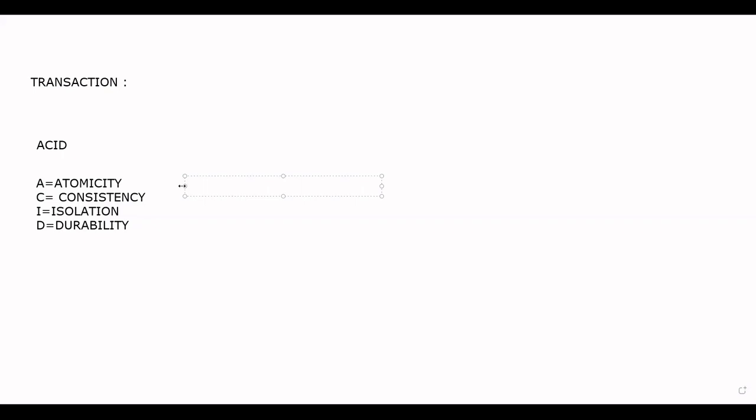Atomicity: this property states that the transaction must be treated as atomic unit, that is, either all of its operations are executed or none. T-R-E-A-T-E-D. Ma'am, write down the spelling properly. Wait, I am writing: treated.